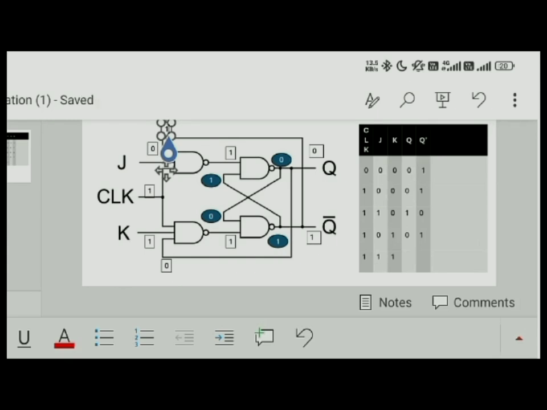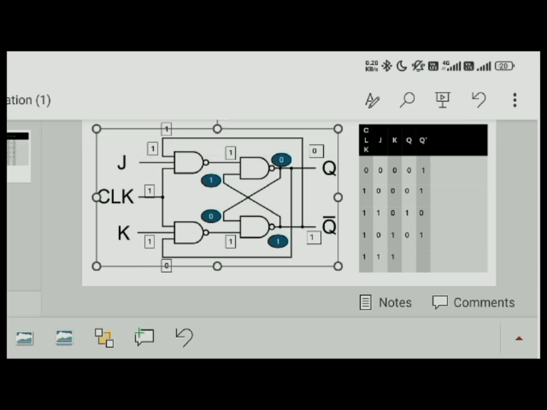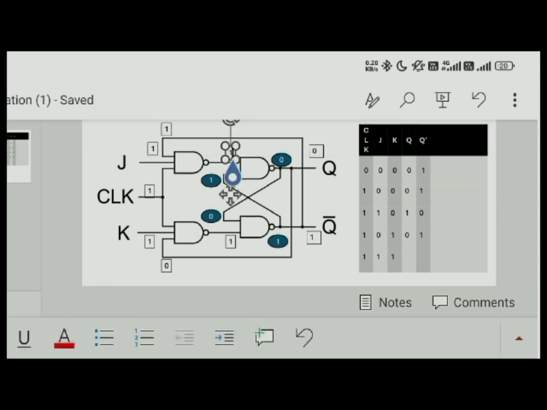So now what if we set both J and K to 1? Since there are three 1s and the complement of 1 is 0, this will become 0. And 0 times 1 is 0 and the complement of 0 is 1.